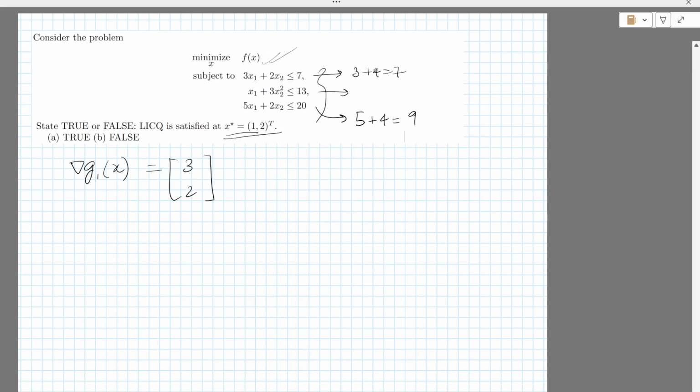So I just need to look at these two constraints. So the first constraint I got this.